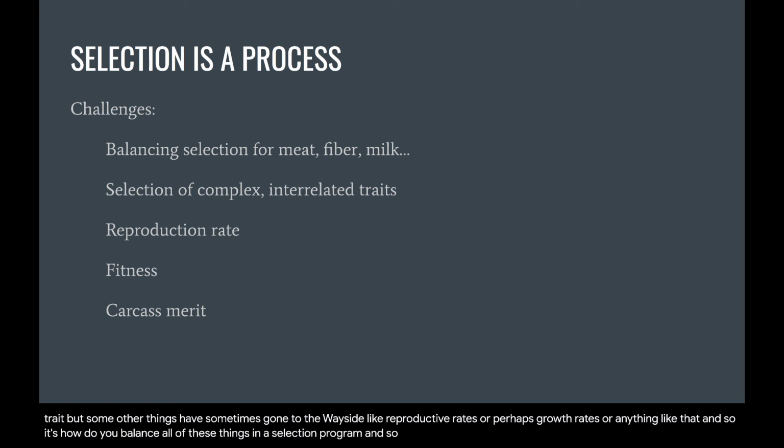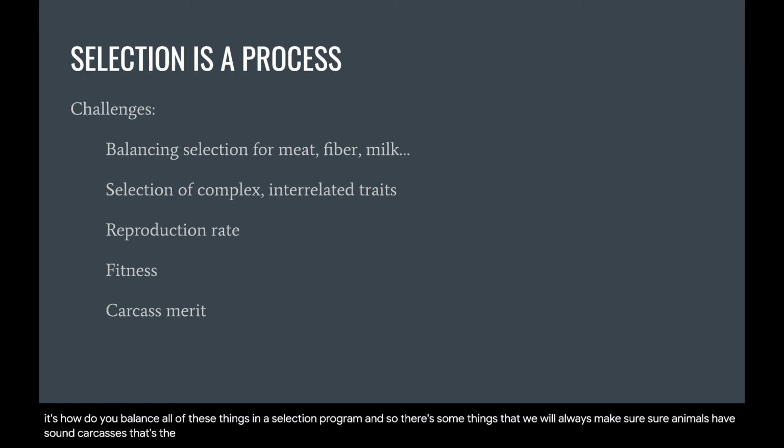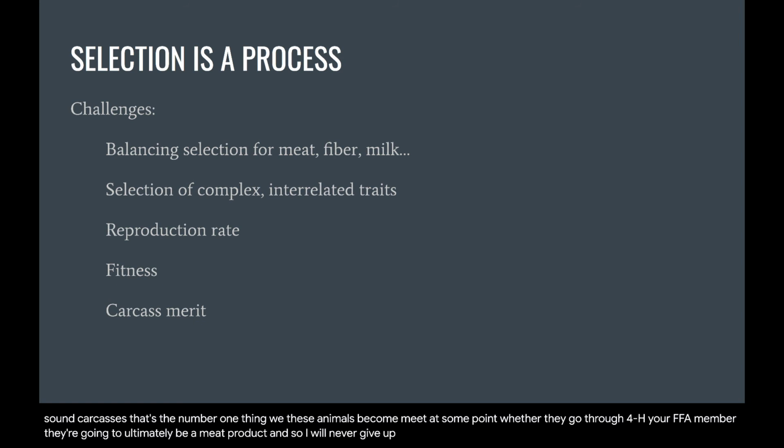There's some things that we will always make sure animals have: sound carcasses. That's the number one thing. These animals become meat at some point, whether they go through a 4-H or FFA member, they're going to ultimately be a meat product. And so I will never give up on carcass quality.